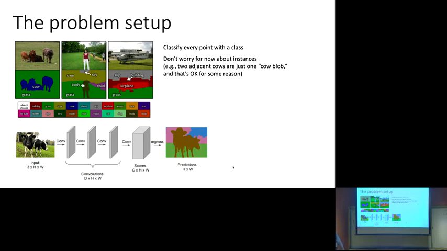Or you could say, just don't ever reduce the size. Just keep doing convolutions, and then at the end, you have a bunch of 1x1s to do classification. Put a 1x1 for every pixel, and you'll get a bunch of scores for every pixel, and then take the argmax, and you'll get this.